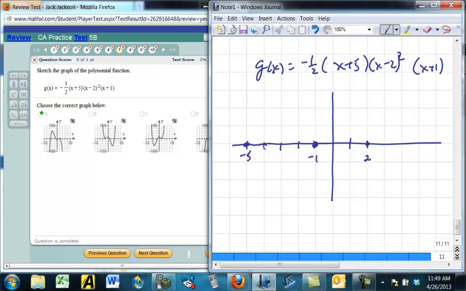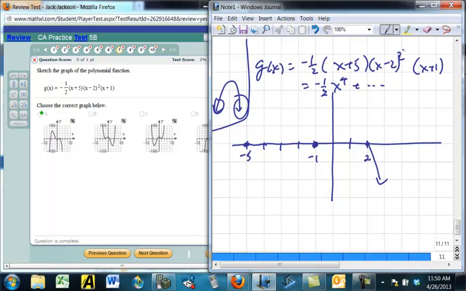Now, if you multiply all this out, you get negative 1/2 x to the 1, 2, 3, 4, plus some other terms. So I know on the ends it's going to look like an x to the negative 4. So the end part of it, over here and here, it looks like this. So once it gets past this guy here, it's eventually going to come down like this.